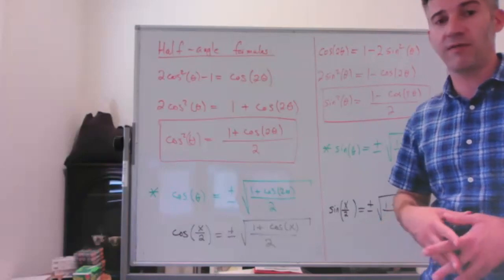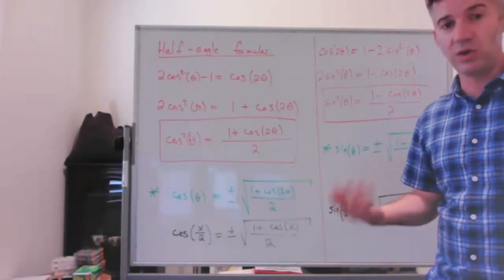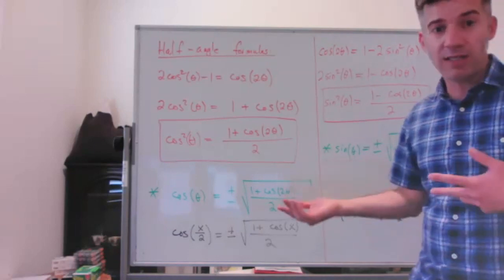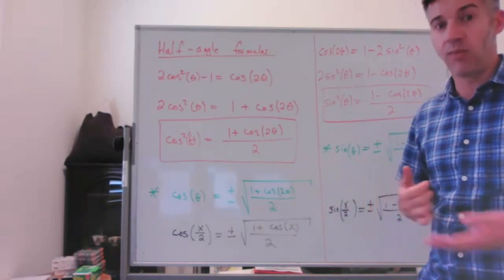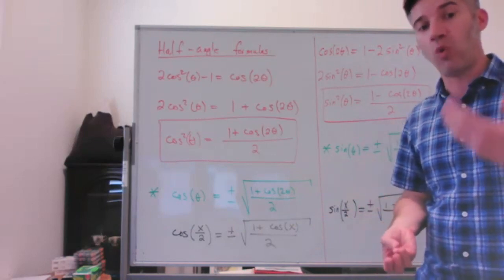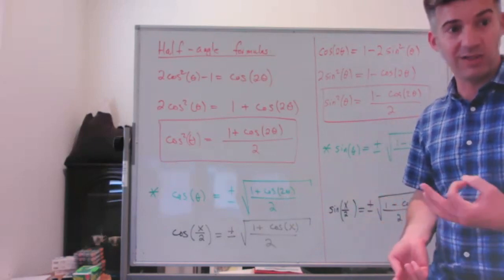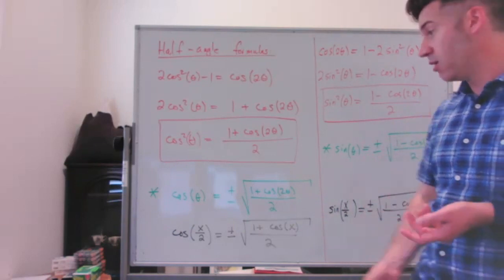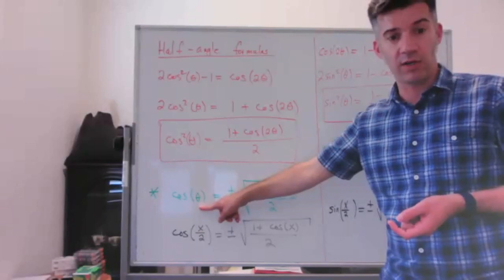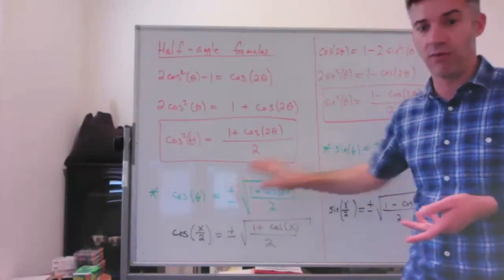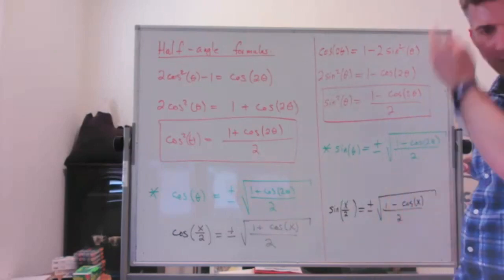For example, if I was going to find cosine of 22.5 degrees, which is a typical example we'll see in a minute, we have to decide if it is positive or negative based on the quadrant that our original angle is in. So since 22.5 degrees is in quadrant 1, both cosine of 22.5 degrees and sine of 22.5 degrees would be positive, whatever this whole mess in here is.